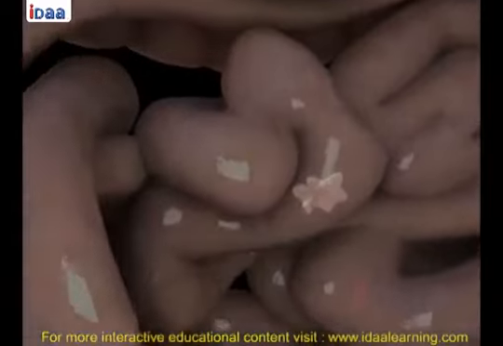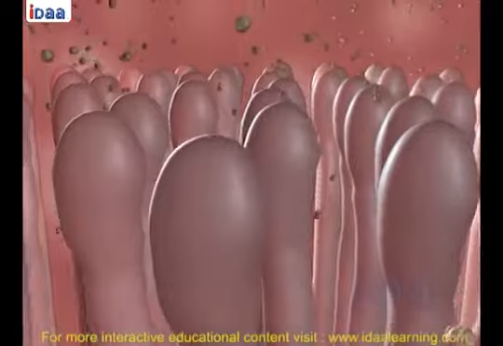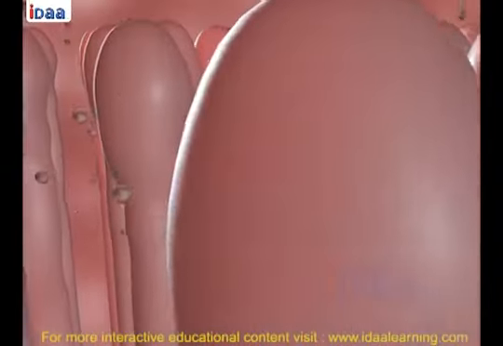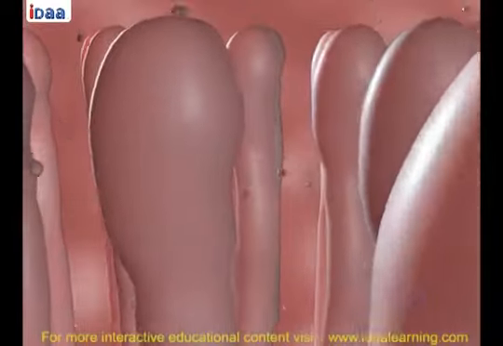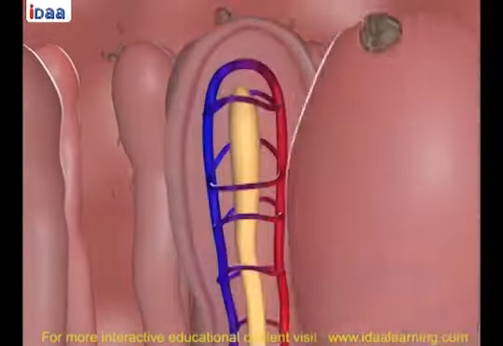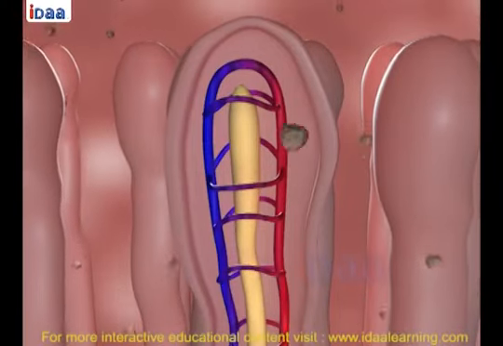The inner wall of the small intestine has finger-like projections called villi, which have a network of thin blood vessels close to the surface. The villi increase the surface area of absorption and absorb the digested food materials.